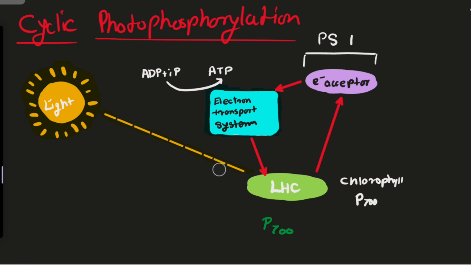By this radiant energy, one electron is excited and given to the primary electron acceptor of PS1. Then it directly goes to the electron transport system and comes back to PS1.